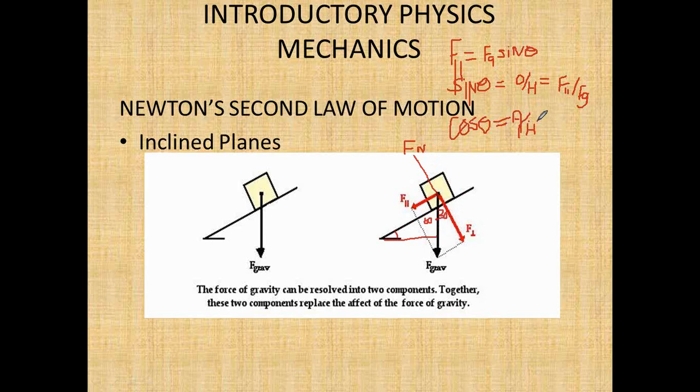Okay? So the adjacent, this is the angle we're talking about. The adjacent side is the component that's perpendicular to the inclined surface. And we say that the component that's perpendicular to the inclined surface is the normal force. So it would be the normal force over the force due to gravity.